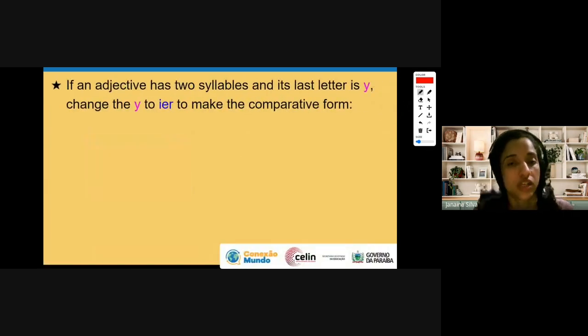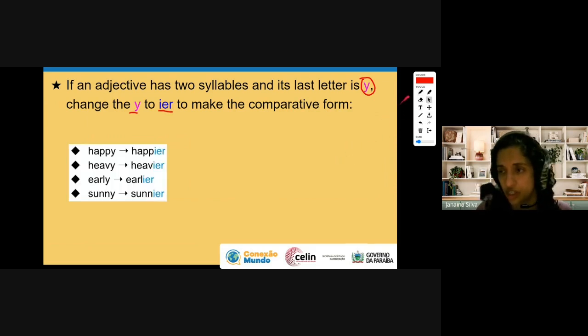If an adjective has two syllables and its last letter is Y, change the Y to IER to make the comparative form. Okay, students, read this example here.